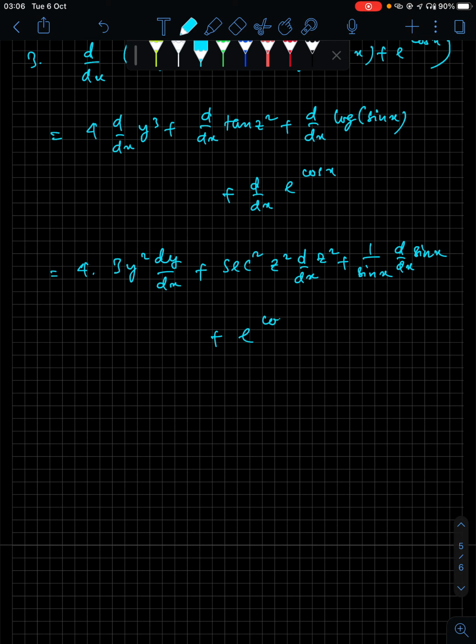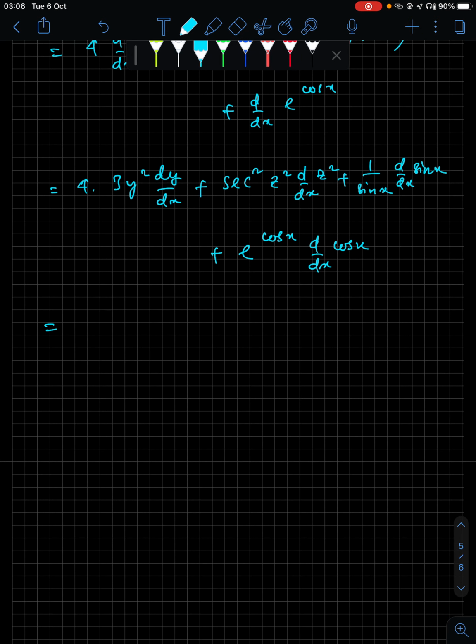So e to the power cos x, again d/dx of cos x. 12y square d/dx of y, plus, well, I am skipping a step here. d/dx of z square will get you 2z d/dx of z again, right? I'm getting the 2z before sec square z square. So 2z sec square z square again d/dx of z.